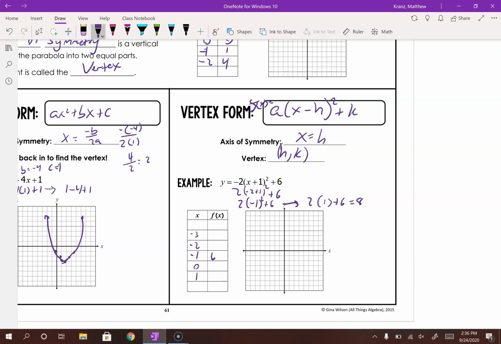Oh, I see what I did there. That is a negative 2, which is my fault. I lost my negative sign.